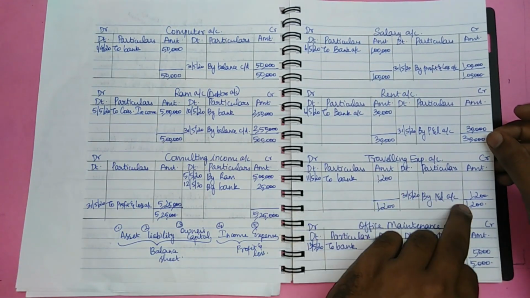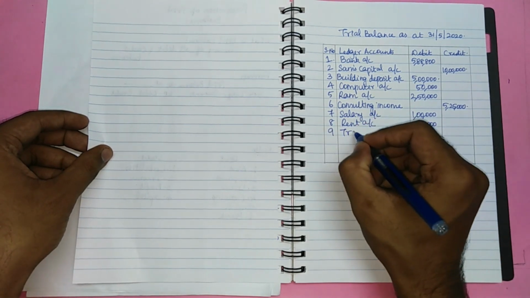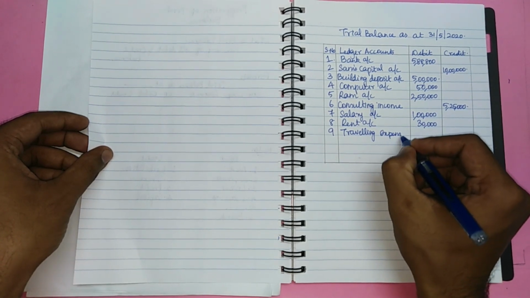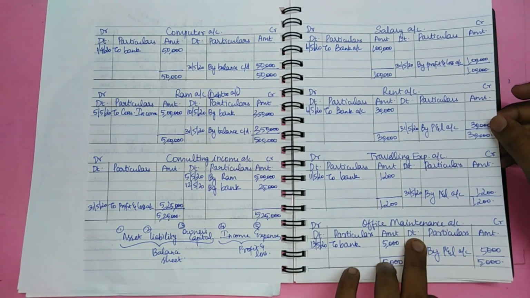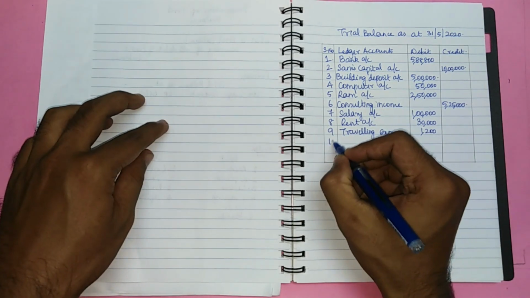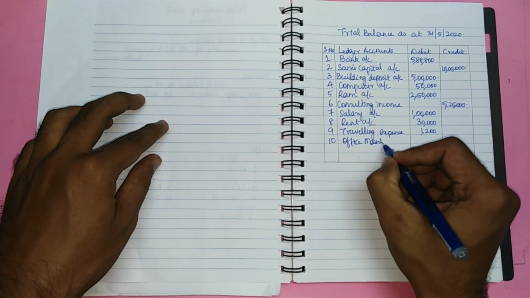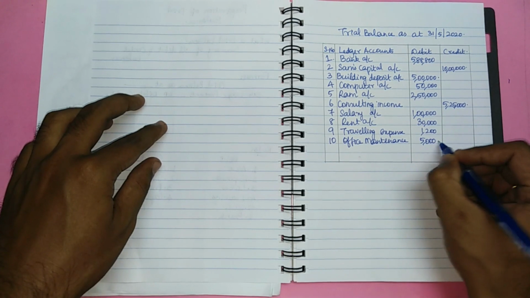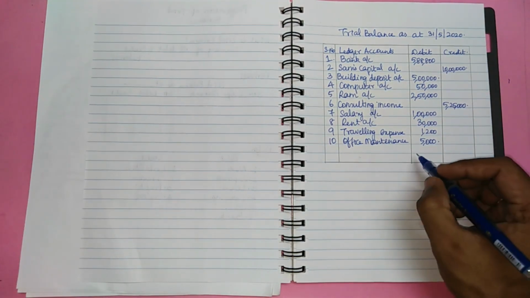Traveling expenses you have 1,200. Traveling expense 1,200. And finally office maintenance you have 5,000 rupees. Office maintenance 5,000.